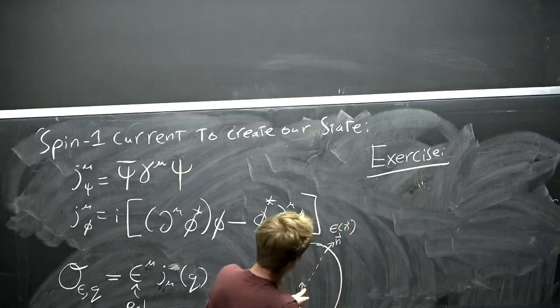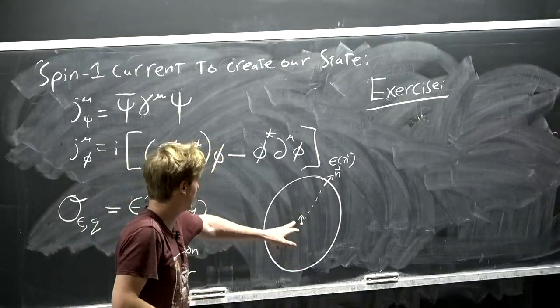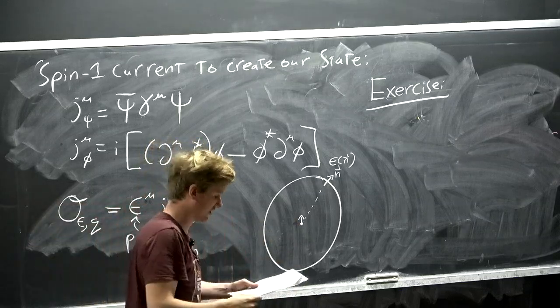As an exercise, so that I can get to the answer, you can use the fact that this is a spin 1 current to write down the most general answer by combining the fact that it's spin 1 with the fact that it has to integrate to 1 when you integrate the energies.